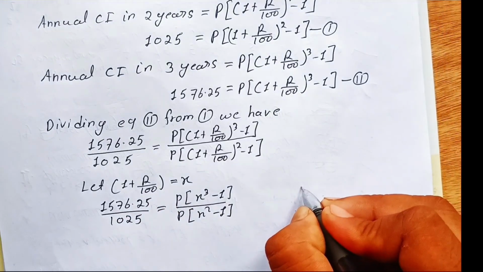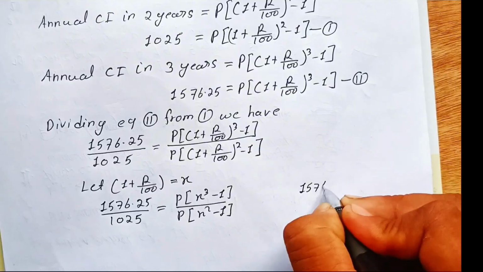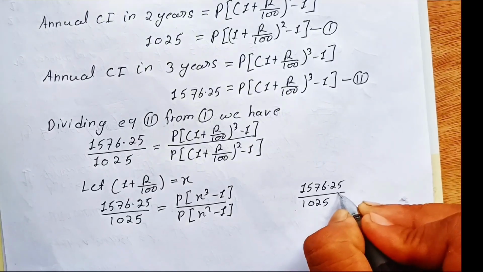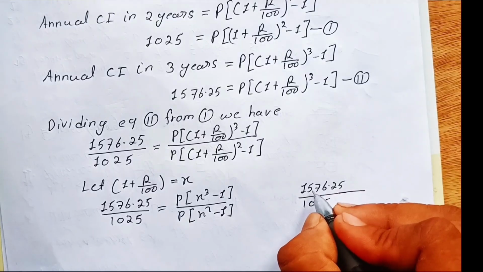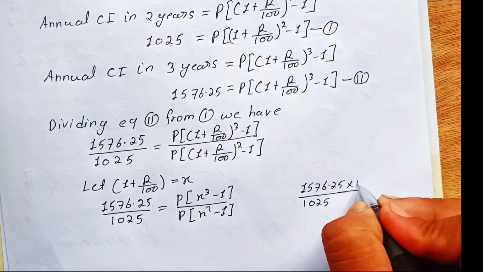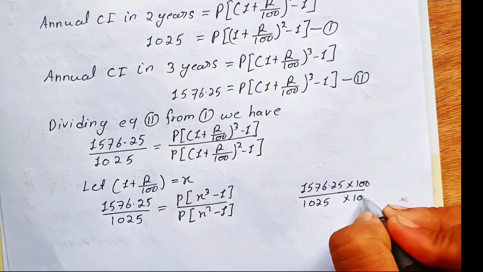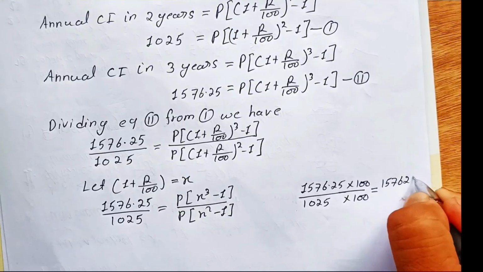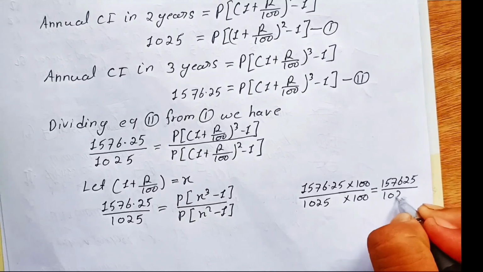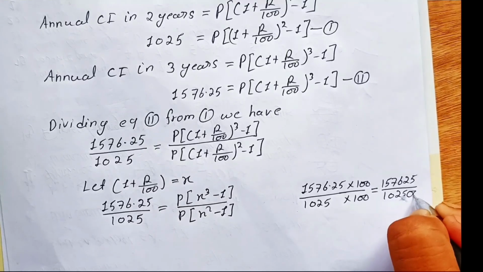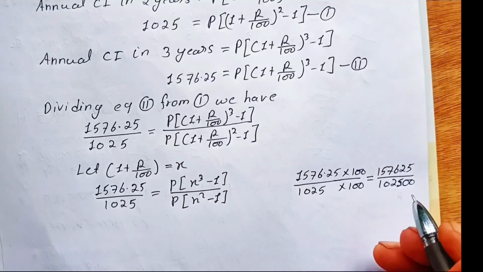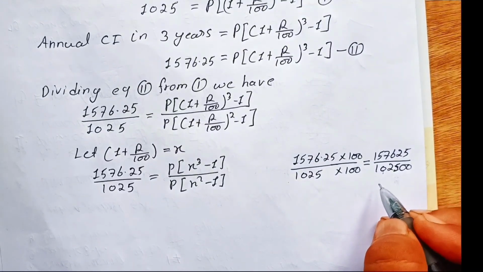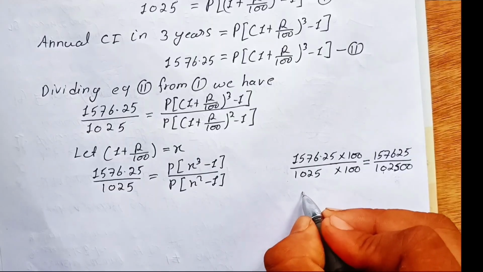For that we simply multiply 1576.25 with 100, and the denominator should also be multiplied by 100. So finally it becomes 157625 upon 102500. Now we divide both by the same number.